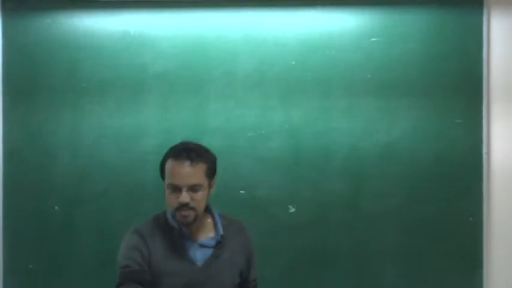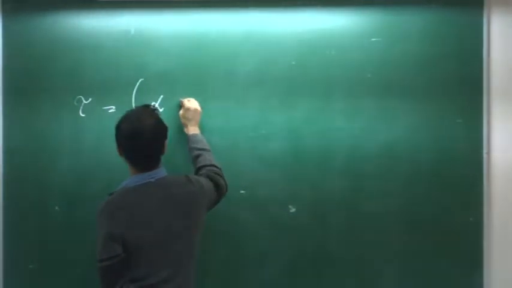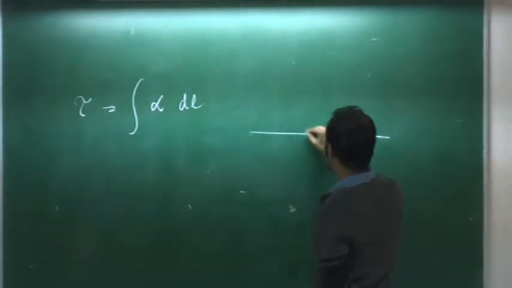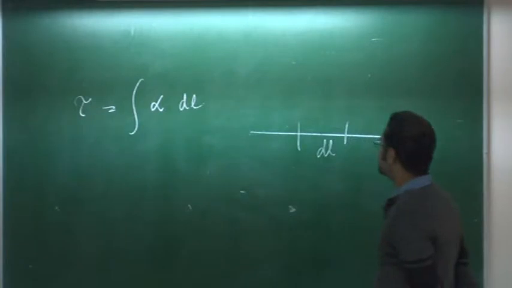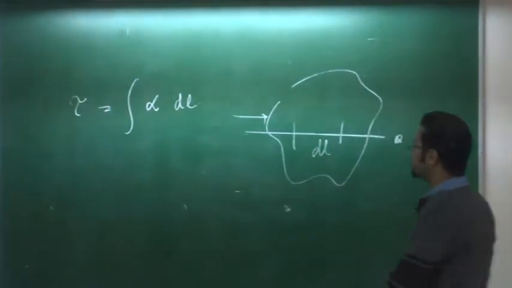This tau, which measures the interaction of a photon as it passes through the gas, as I stated last time, is just the integral of alpha dl, where dl is along your line of sight, some gas is here, and you have a photon coming.